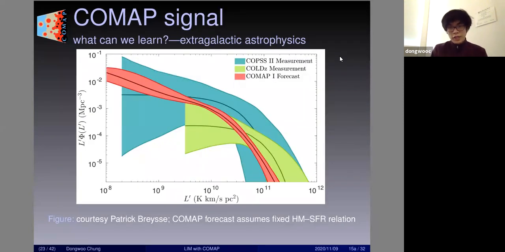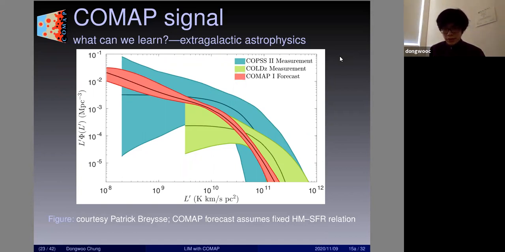What can we learn when we have a sensible measurement from COMAP? Well, the main thing we want to track down is extragalactic astrophysics. That's our primary science focus. We think we can constrain the CO luminosity function pretty well. This forecast is getting a bit out of date. We're working on updated forecasts for the luminosity function. But basically, the idea is that the clustering component of the power spectrum is tracing the large scale structure.